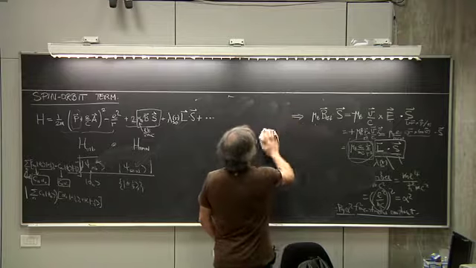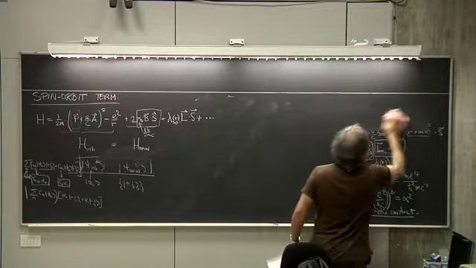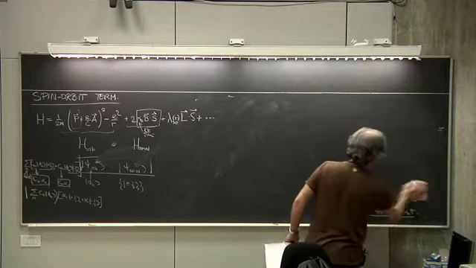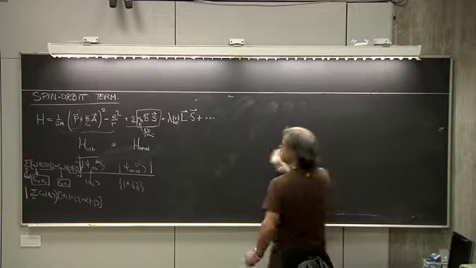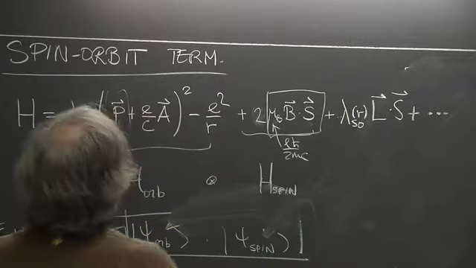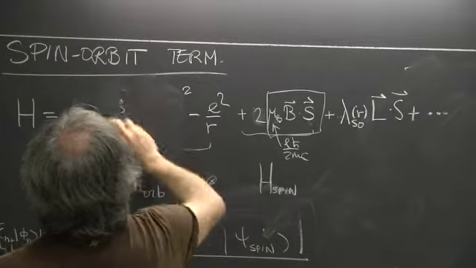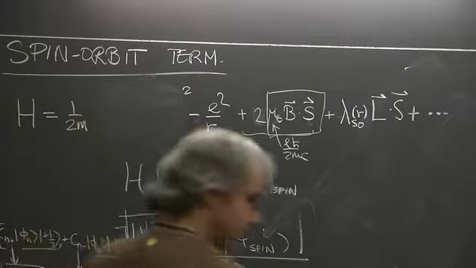Okay, so let us see. Suppose that I have no magnetic field, so I simplify my Hamiltonian a little bit. This becomes just p squared.